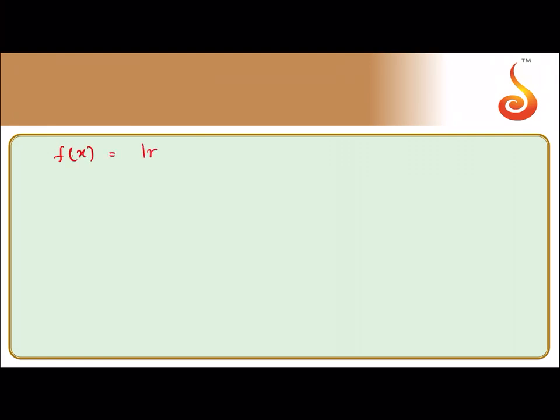So we got f of x. So we got f of x is equal to log tan inverse x plus 1 by x.